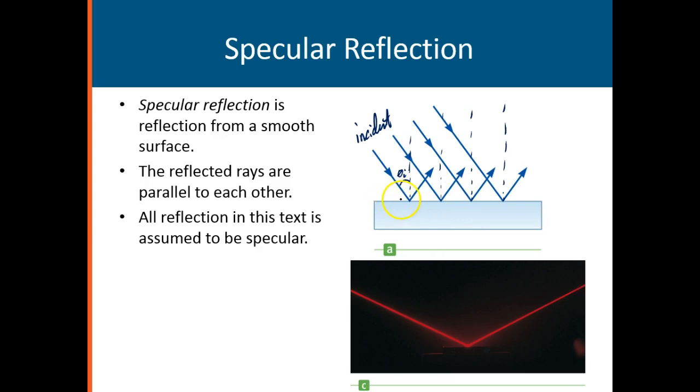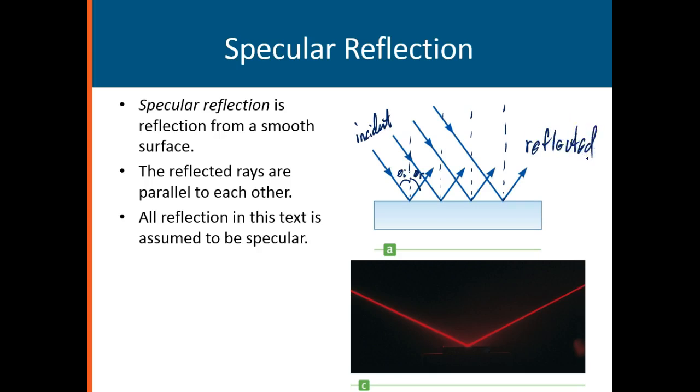For any surface really, the reflected ray is going out at theta sub r. And theta sub I and theta sub r are always equal. Theta r being reflected, so these are the reflected rays.